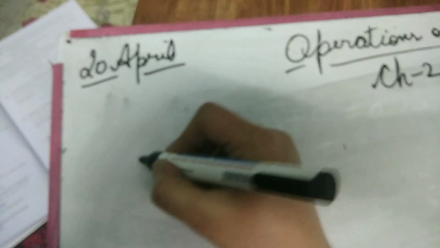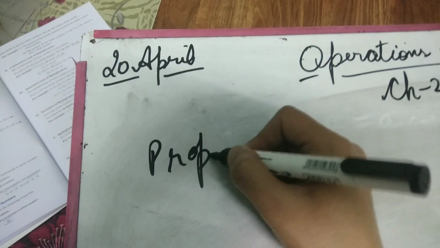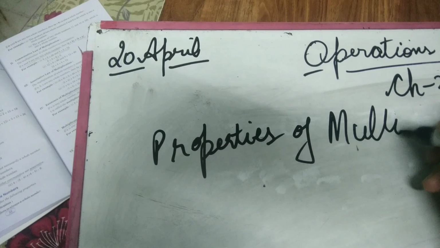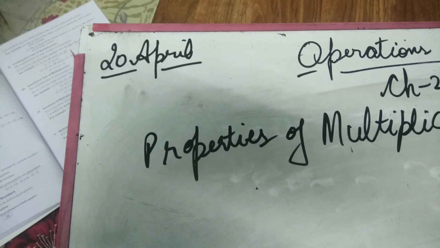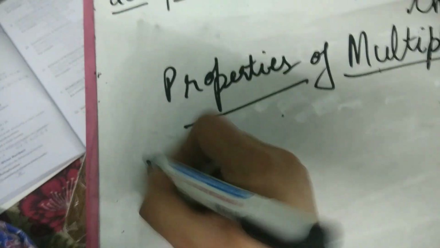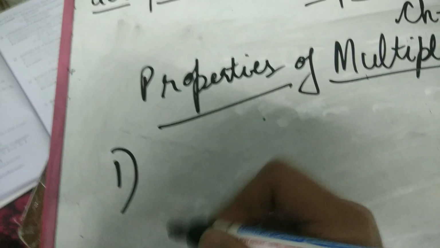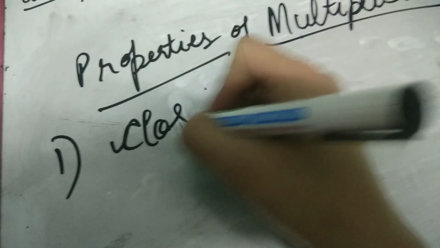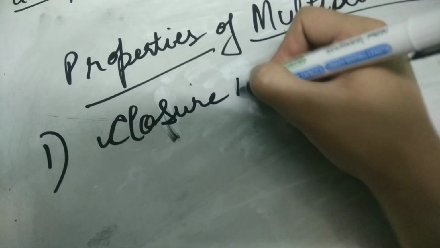Now next let's do the properties of multiplication. First of all, the property that we're going to do is the closure property.